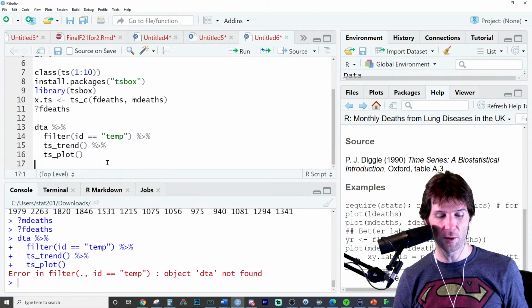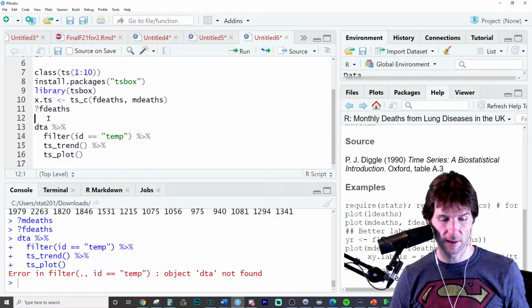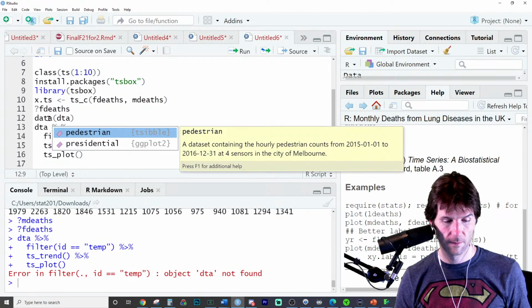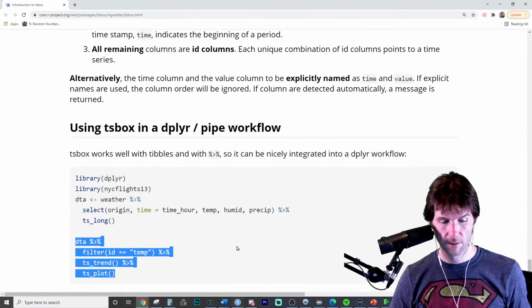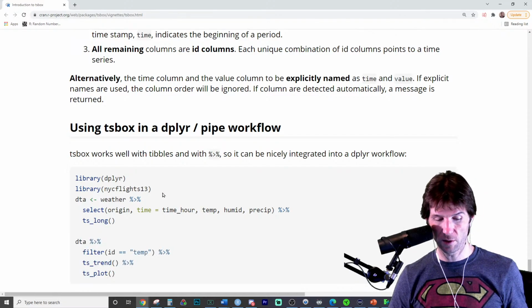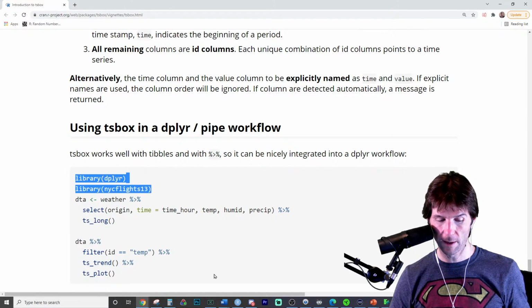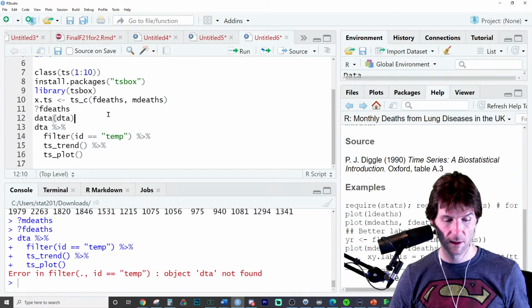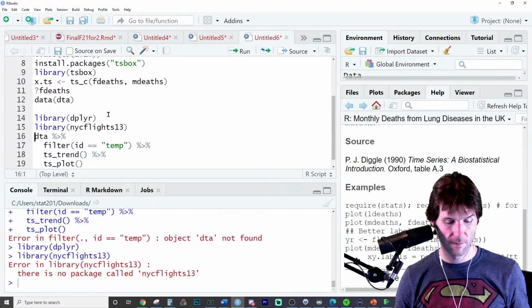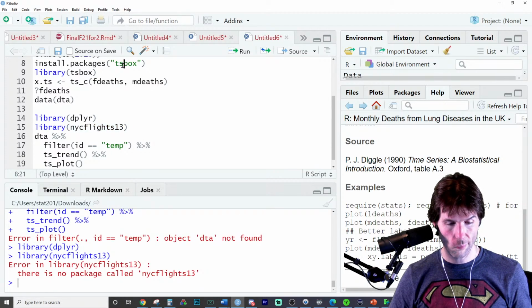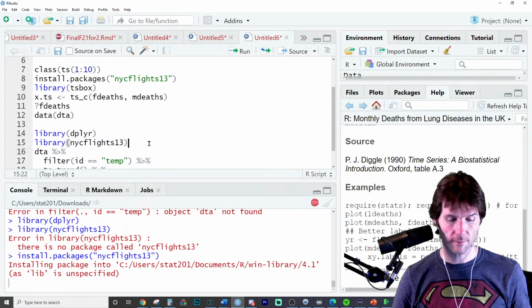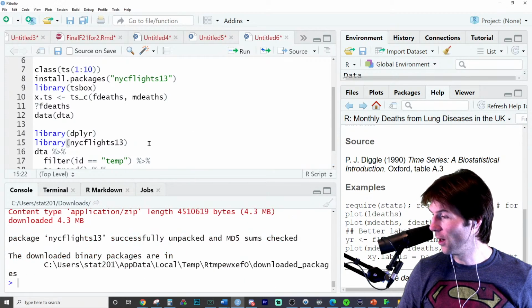So I went down the rabbit hole of DTA. Is it a data set? Where's DTA? Oh, it's New York City flights or something. I don't think I have the New York City flights data set. Oh, Patrick said, oh, cool.